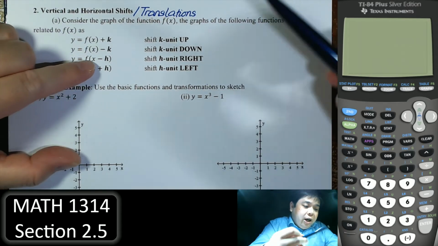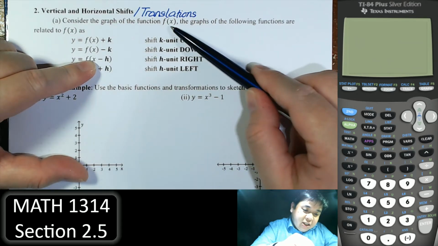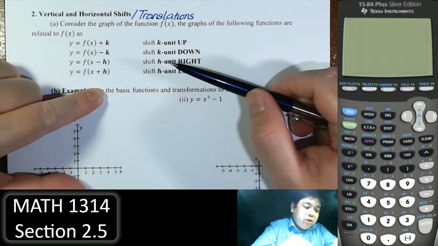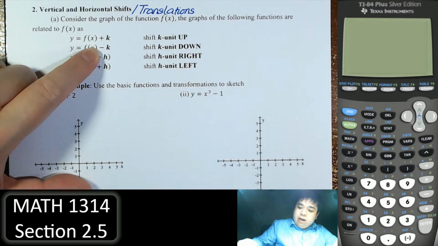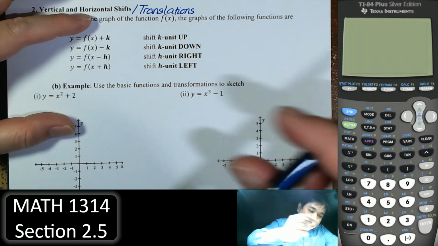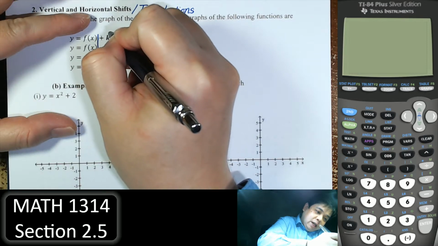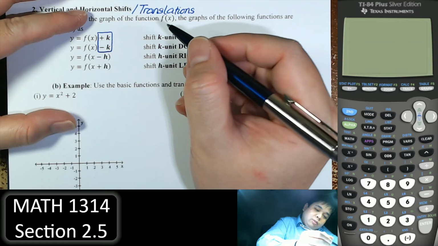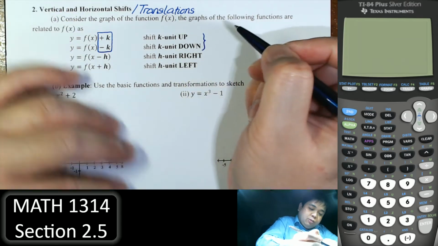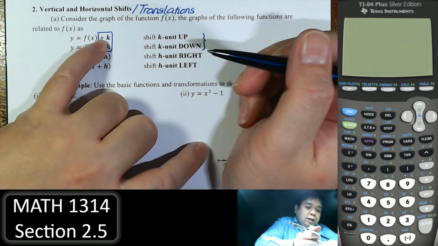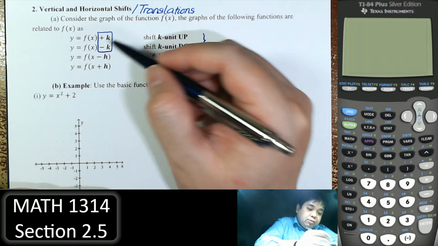Right. So consider the graph of the following function. Consider the graph of f of x. The graph of this following function will be related to f of x as follows. If we add a number or subtract a number to a function, we're going to go up or down that many units. When we add, we go up; when we subtract, we go down.